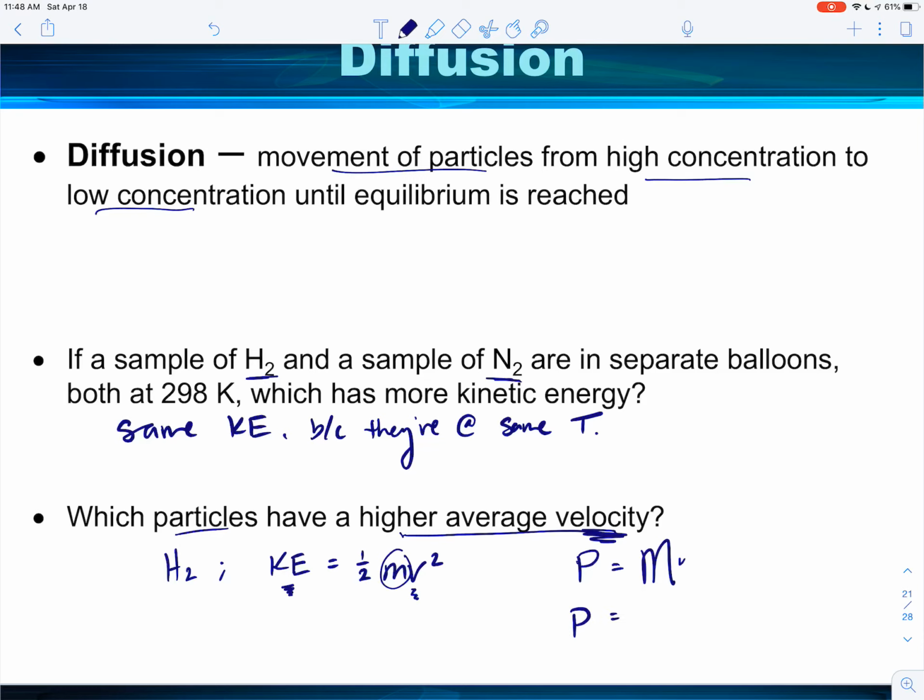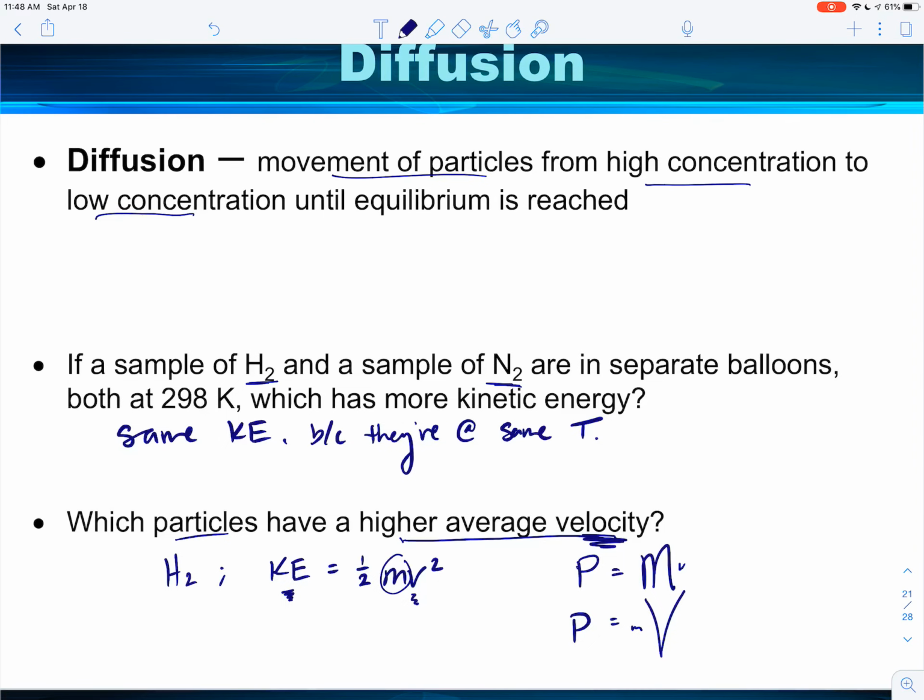Similarly, a baseball could have the same exact momentum, even though it has a much smaller mass, if it has a much greater velocity. So there's kind of that inverse relationship. So the same is true for masses and velocities with gases that have the same kinetic energy.